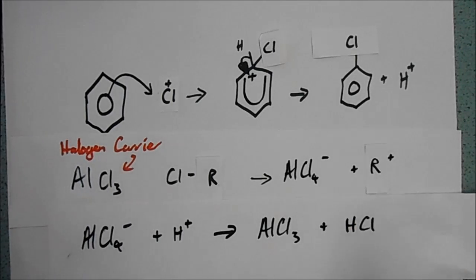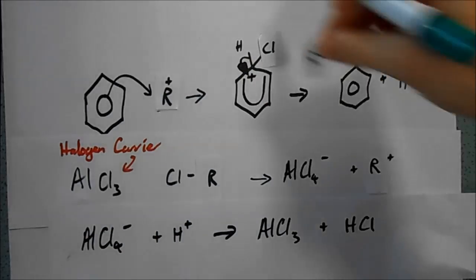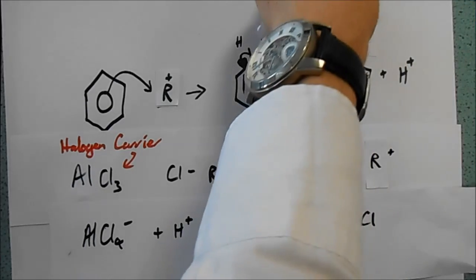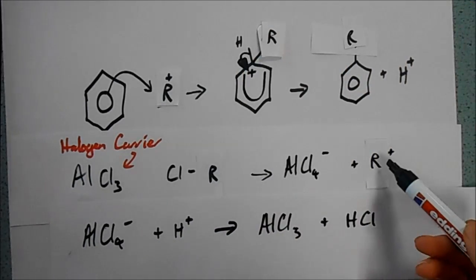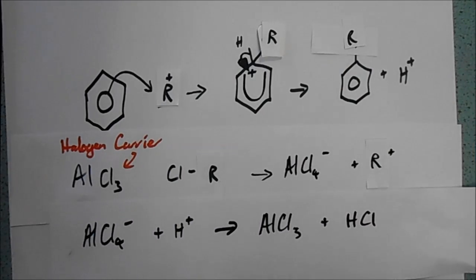And if we had an organic electrophile, then we would end up with the R plus taking the place of the Cl plus in the molecule, and that's called alkylation. We're putting an alkyl group on the benzene. But everything works exactly the same way. As long as you understand the mechanism and you know the electrophile, you should be fine.